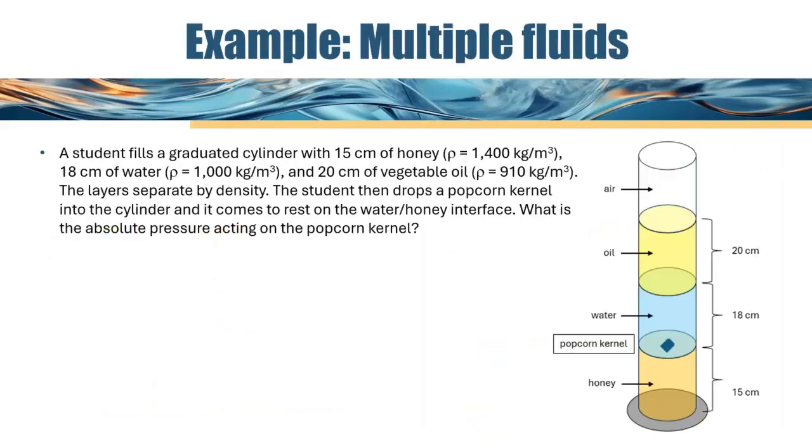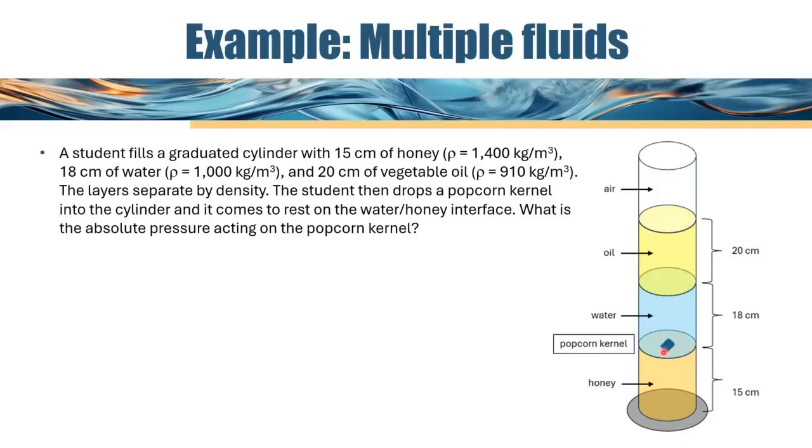Next, let's look at this more complicated example. It says a student fills a graduated cylinder with 15 centimeters of honey, 18 centimeters of water, and 20 centimeters of vegetable oil. The layers separate by density. The student then drops a popcorn kernel into the cylinder and it comes to rest on the water-honey interface.